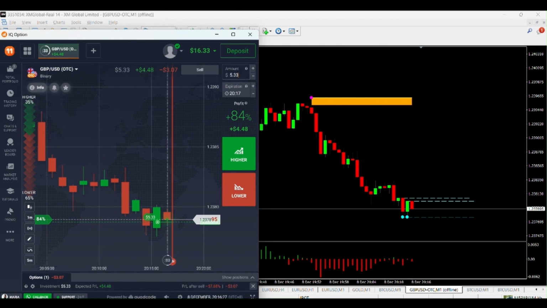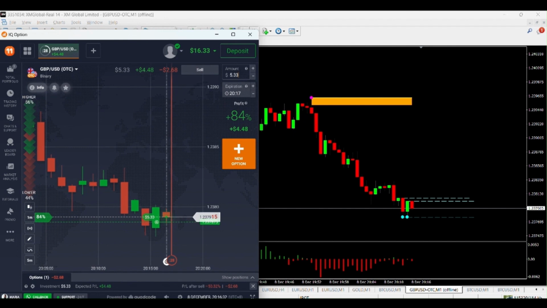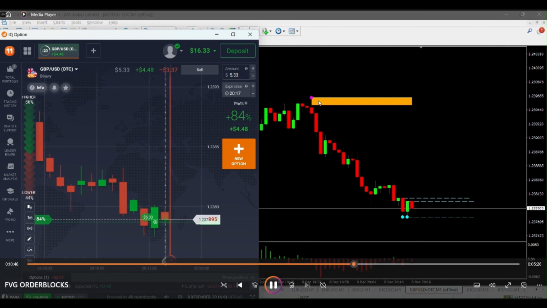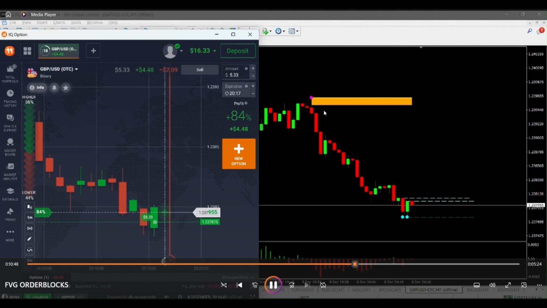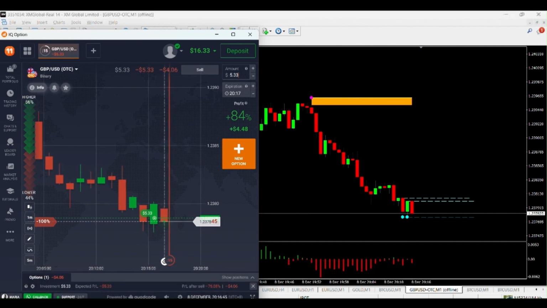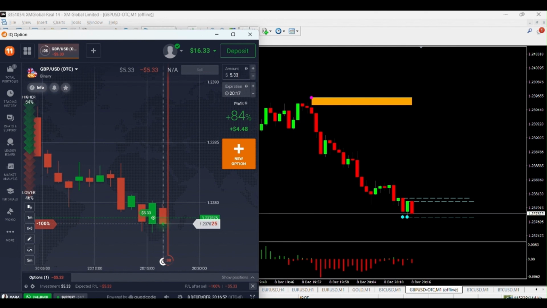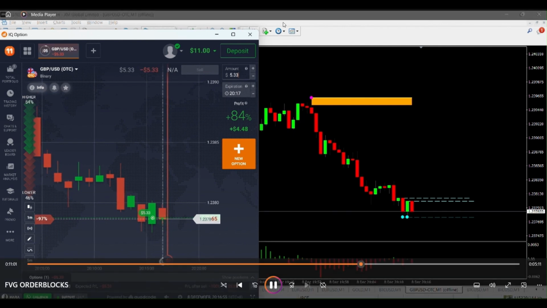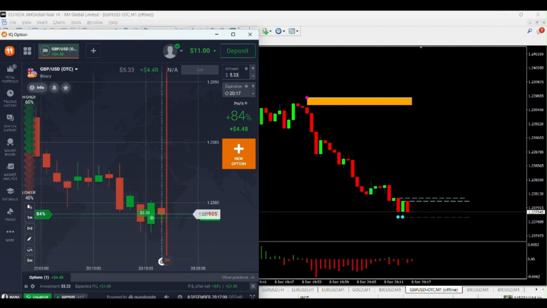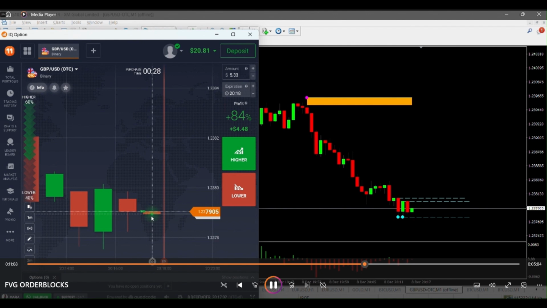Smaller and smaller red candles on the oscillator. Oh, this is a risky one. It almost lost the trade, right? But we still won this.